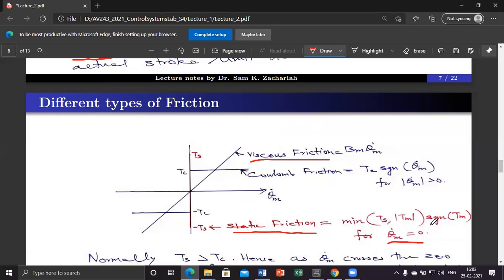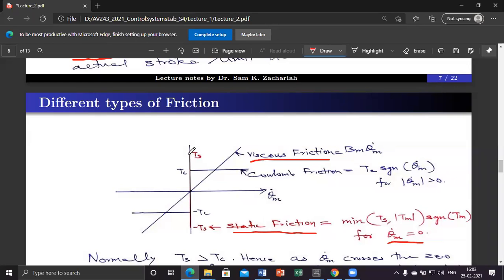The load force should be equal and opposite to the applied force. That is why the sign of Tm is given. If we give a positive Tm motor torque, then the load also will have a positive reaction force given by this. And this is applicable only for theta m dot equal to 0.